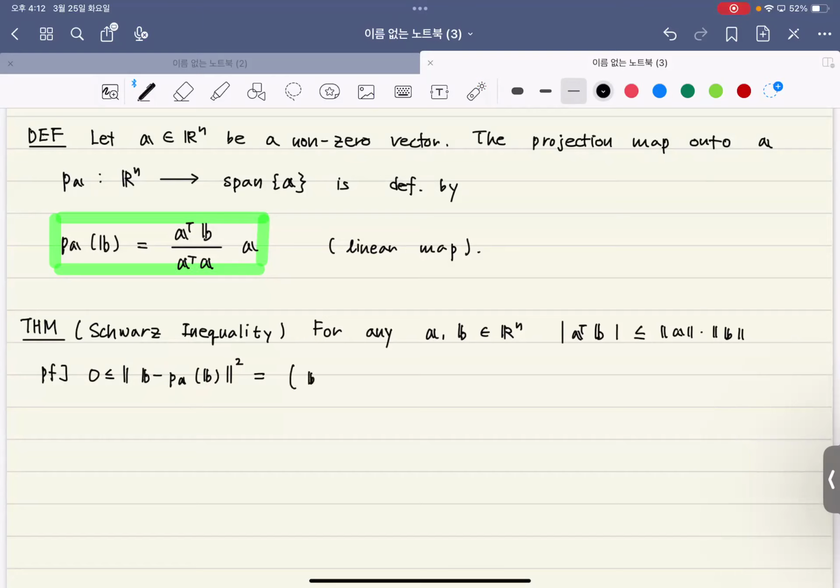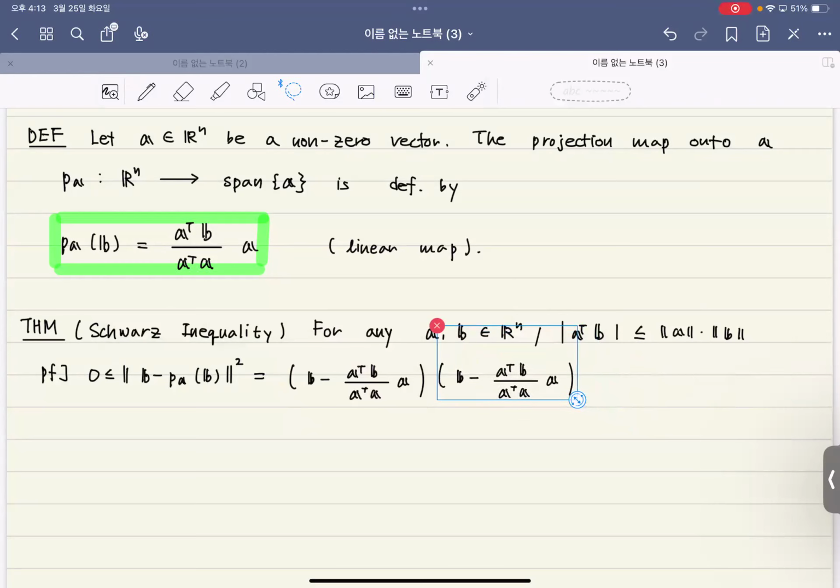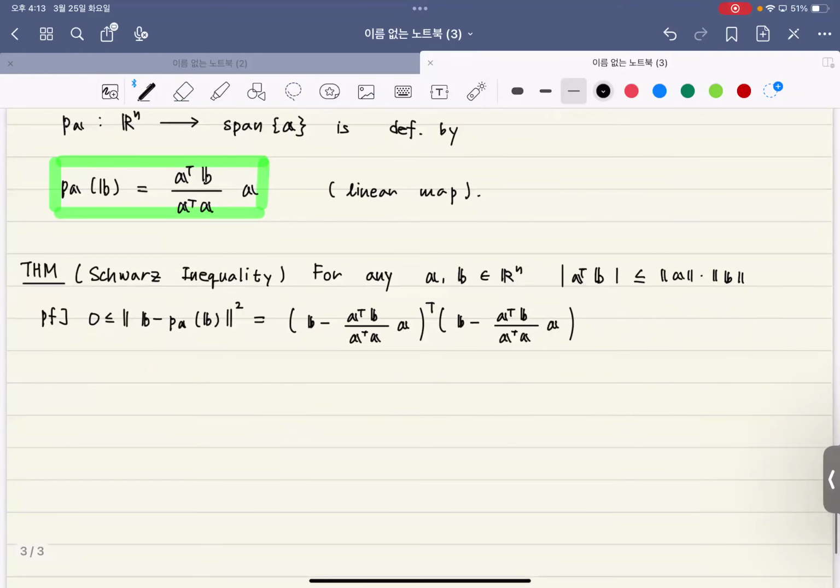It is the norm squared of B minus (A transpose B over A transpose A) times A. So I should be computing this inner product.